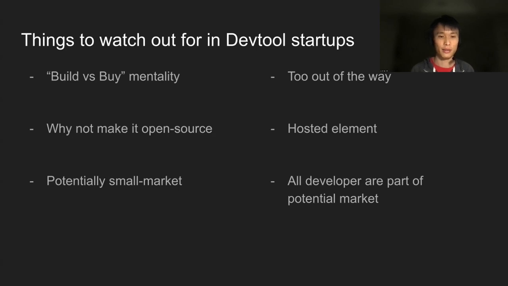So regarding why not make it open source, oftentimes open source products are just a library, but if it's very complex, they can spin out to become a company. For example, Databricks created this open source tool called Spark that lets people process huge amounts of data in a distributed way.